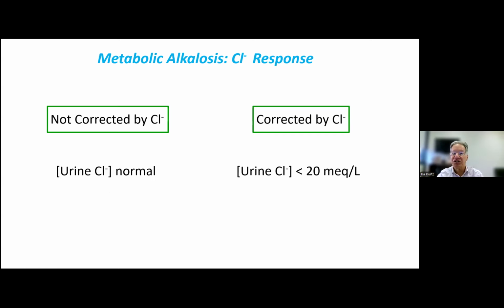But assuming the patient's drinking a normal amount of water and taking in a normal chloride amount, that will result in a chloride concentration which is normal. If you see that, then you know predictably that giving chloride to the patient will do nothing to the bicarbonate. You're not going to correct it. Whereas if the chloride concentration is low, that predicts that giving chloride will correct the metabolic alkalosis.